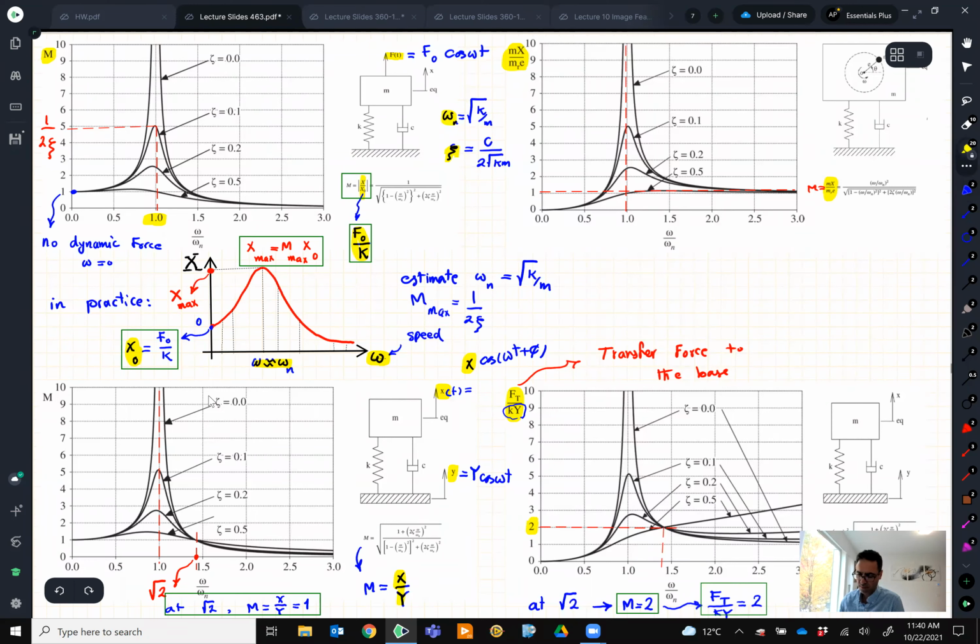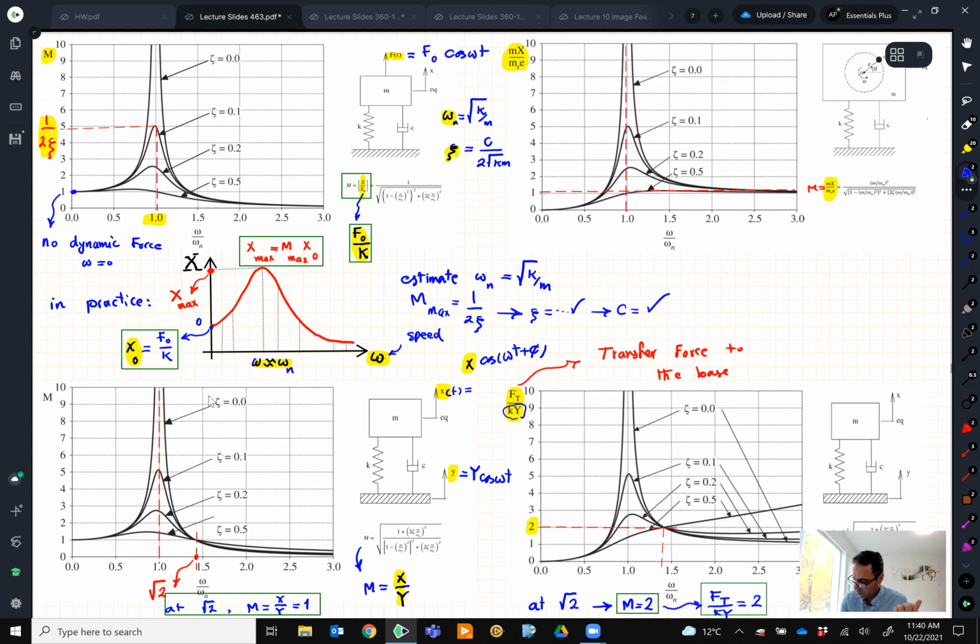Remember, this is over here, 1 over 2 zeta. So from here, you can find zeta. And from here, obviously, you can find your damping. This is how people find their damping, their stiffness, and their mass. And you may say, who cares about the system damping, stiffness, and mass? Well, they care because they want to reduce the vibration. They want to do something about it. Okay?